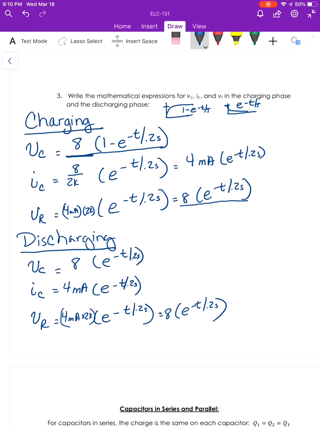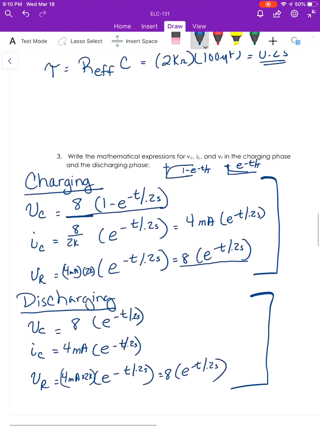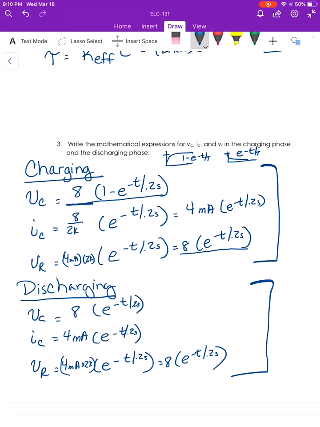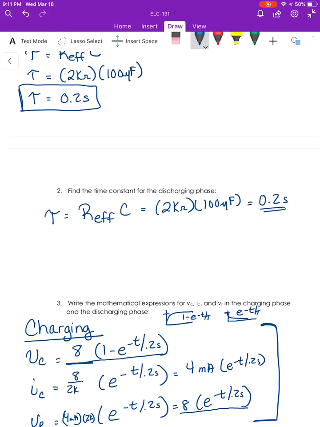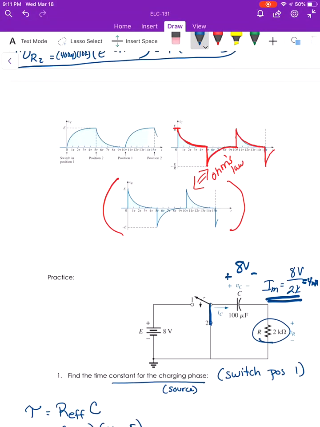Okay, and so those are your discharging equations. If you want to plug in values of time, you'll see where you can find the voltage across a capacitor or the resistor or the current through both at any given point in time. And these, of course, would be the graphs that would describe what you saw going on here.